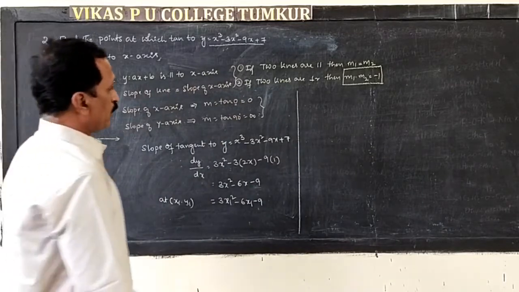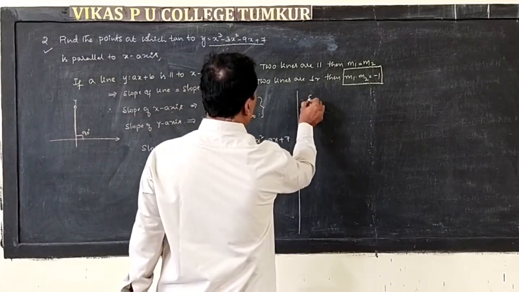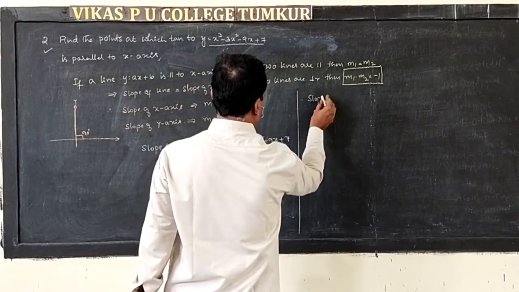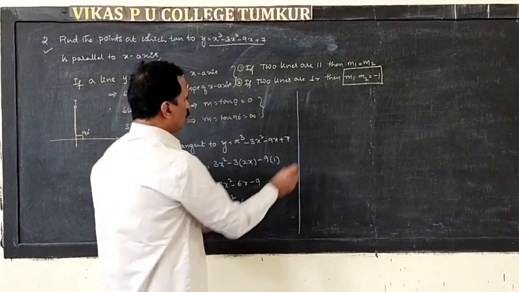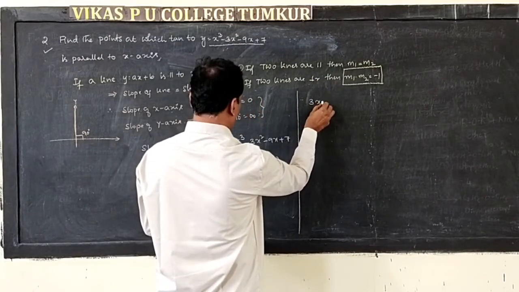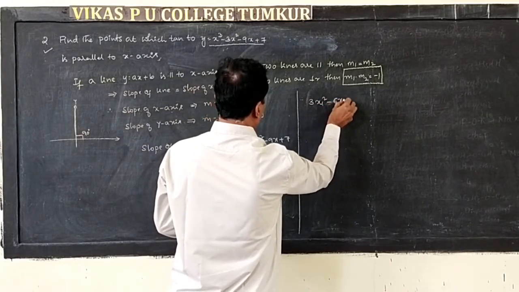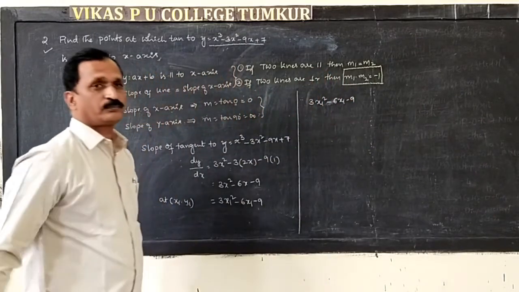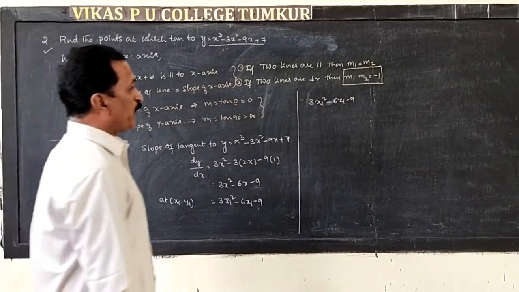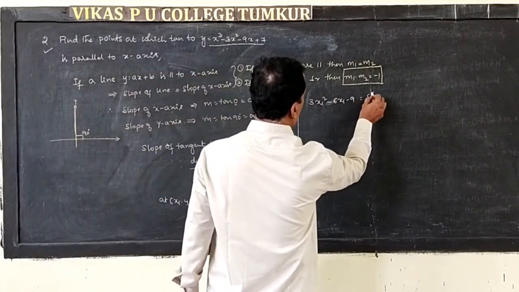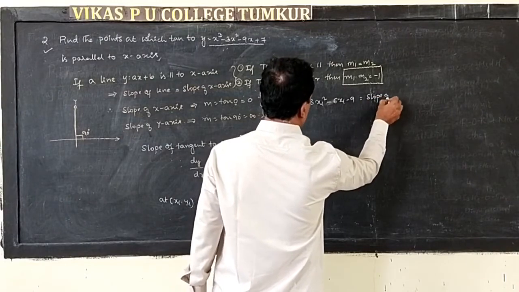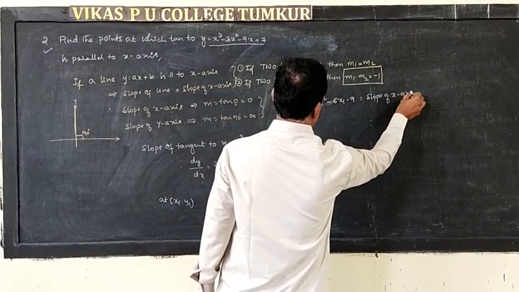Therefore, the slope 3x1 square minus 6x1 minus 9 should be equal to the slope of the x-axis.